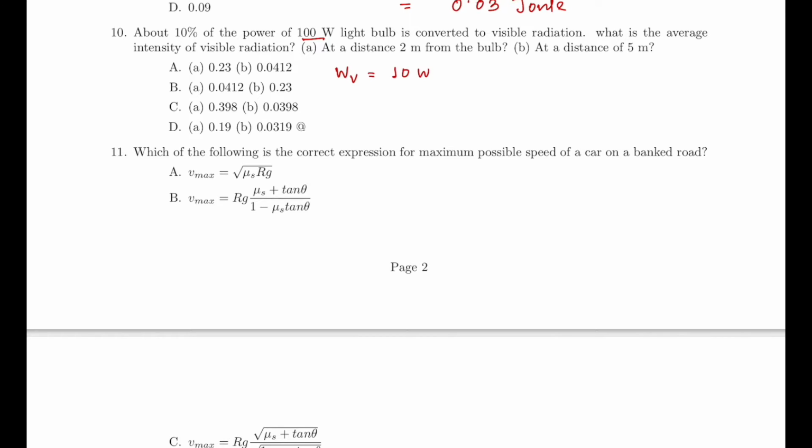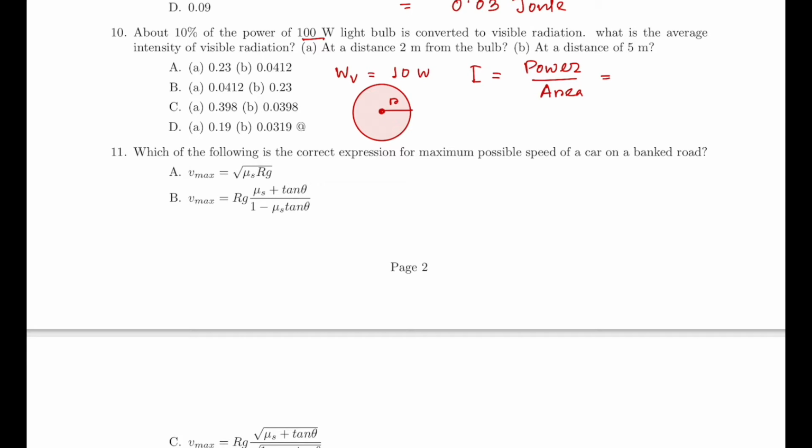Now intensity is defined as power divided by unit area. Now assuming that the intensity coming out of the light is isotropic in nature, if you need to find out what is the intensity at a distance r, then you need to divide the power by the area of the sphere that has a radius r.